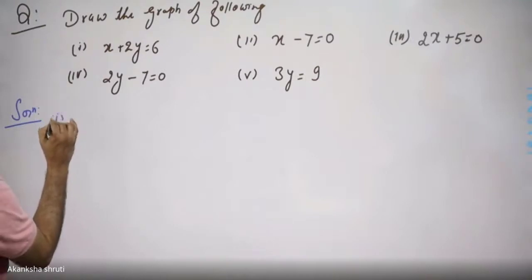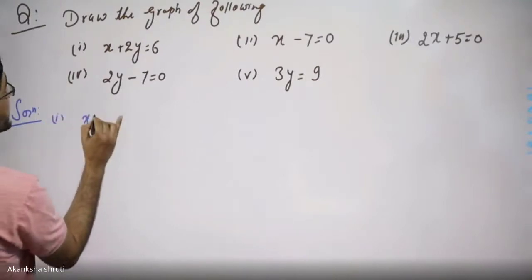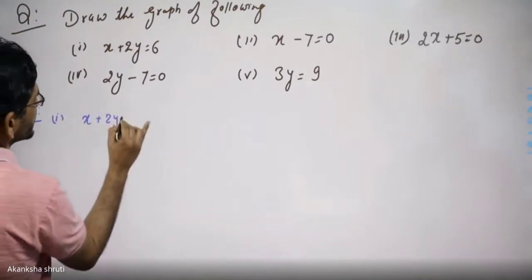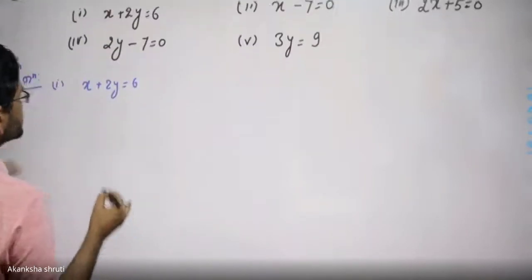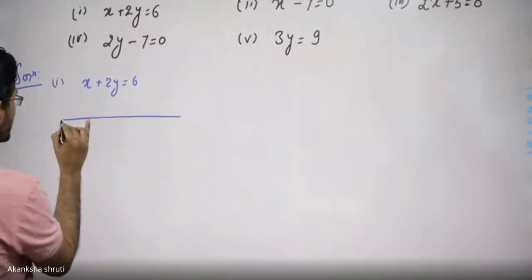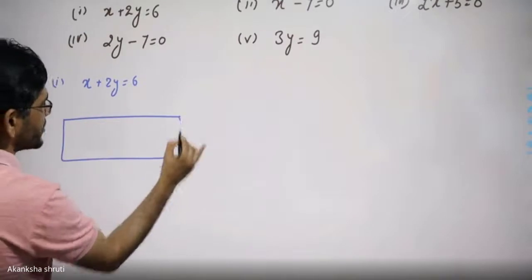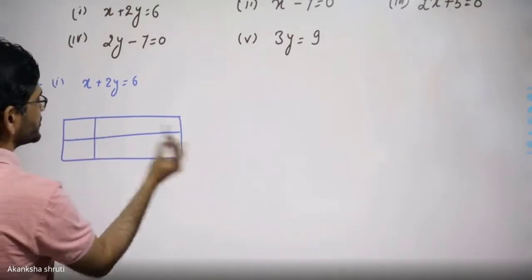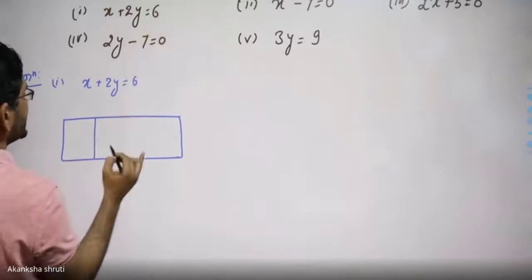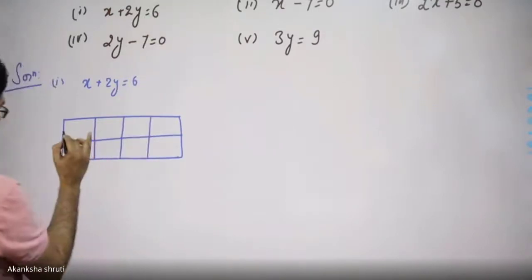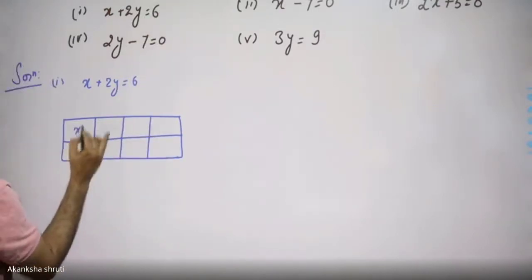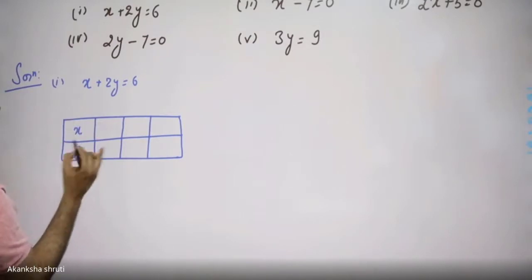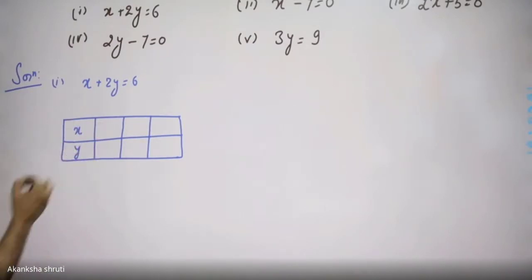Just to recall the concept, x plus 2y is equal to 6. We have to draw the graph. For this, we have to tabulate some of the solutions. And the best way is to take at least 3, in which on the first row we will take x, and in the second we will calculate the y.